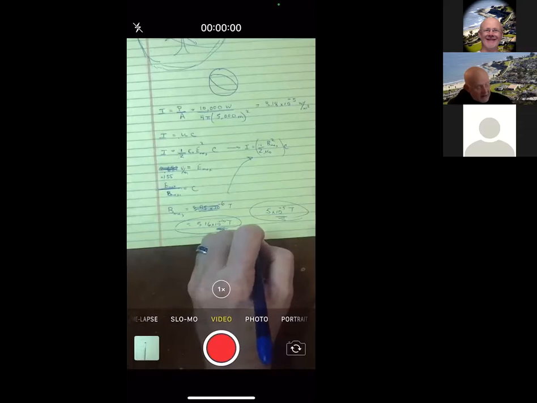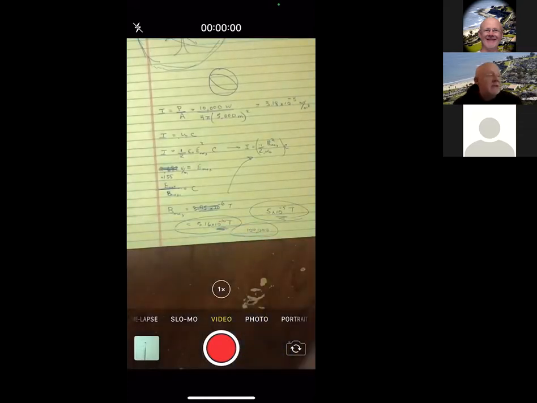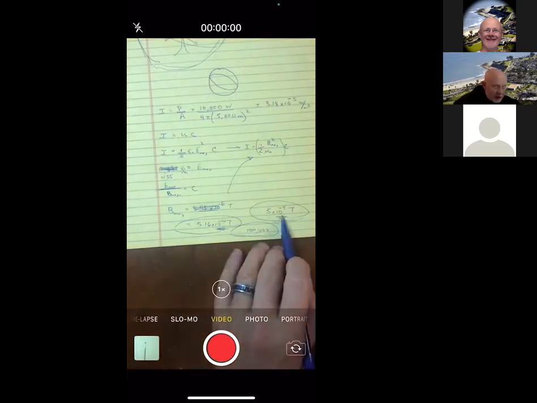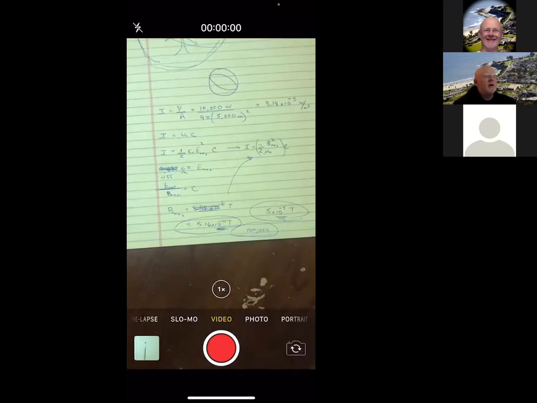So there's 5 zeros between them. It's 100,000. So the field from the Earth is 100,000 times more than the field from these radio waves. So much easier to detect the strength of the Earth's magnetic field than it is to detect these radio waves.